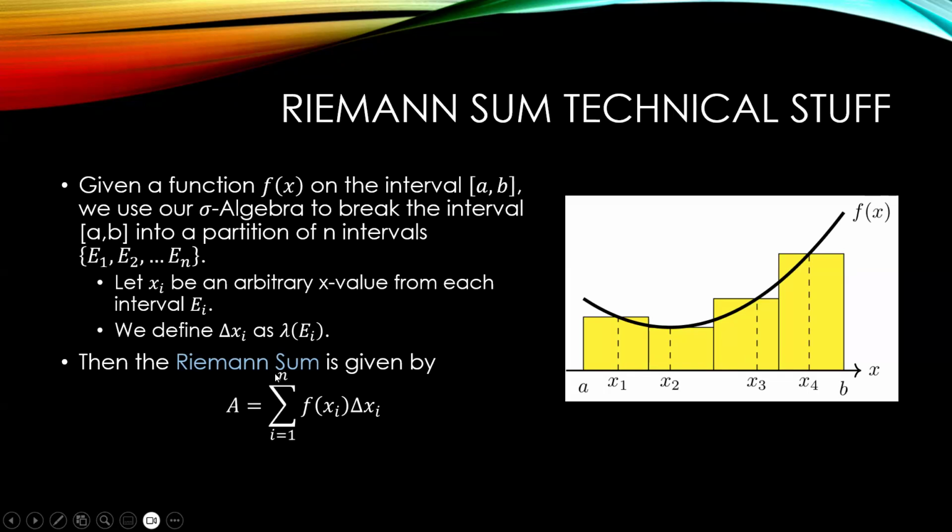We can then define the Riemann sum using our sigma notation, our summation notation, and say that it's the sum of all of the areas with a height at some value and some base distance going across. This is just height times base, and then we're going to add up all of the rectangles together.